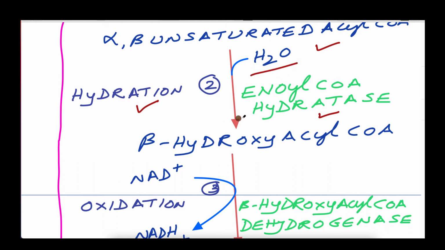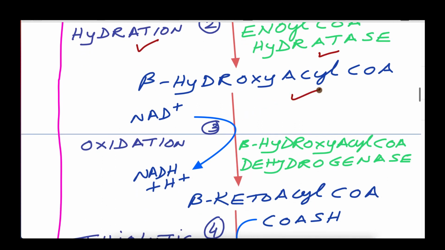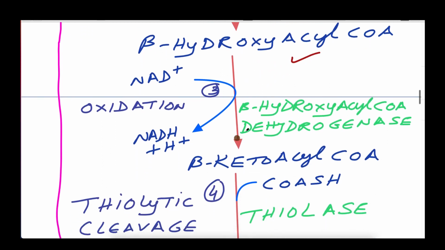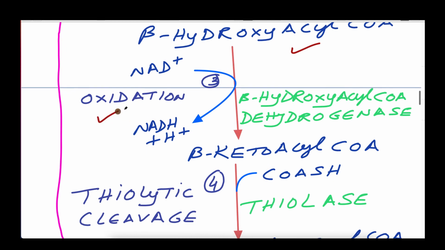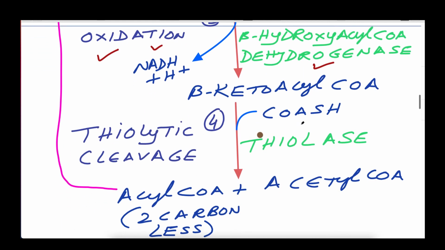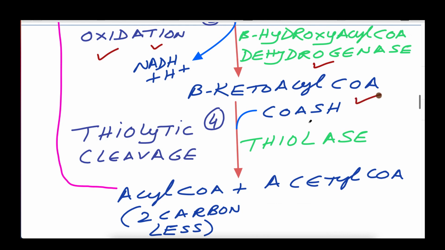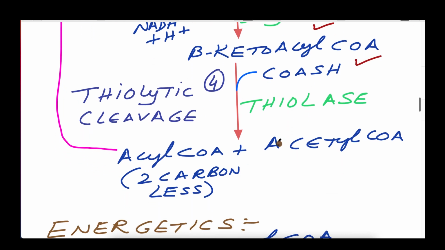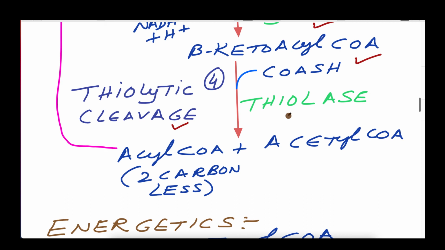H2O is added, leading to the formation of beta hydroxy acyl coenzyme A. Then the third reaction is again oxidation, catalyzed by beta hydroxy acyl coenzyme A dehydrogenase. NAD is converted to NADH, leading to the formation of beta keto acyl coenzyme A. The final reaction is thiolytic cleavage, catalyzed by thiolase. Coenzyme A is added, leading to the formation of acetyl coenzyme A and acyl coenzyme A.